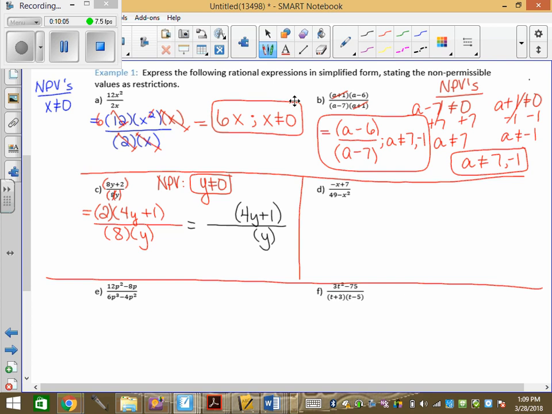What could you take out of both? 2. 2 divided by 2 is 1. 8 divided by 2 is 4. So I'm left with a 1 on the top. Do I have to write the 1 in front when it's a multiplication? No, but could you? Sure. And then a 4y. And we'll have y cannot equal 0.